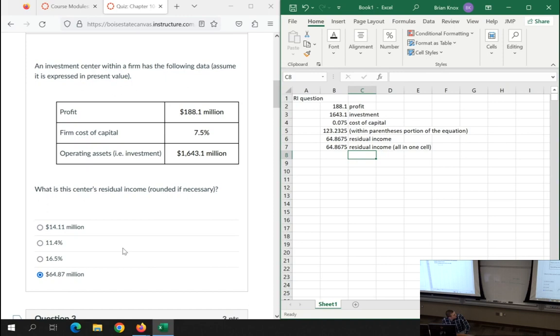It's the profit that the investment has to make to break even, is the idea. I broke that out separately, I don't know why I did that. You're going to want to do it this way, just for simplicity.